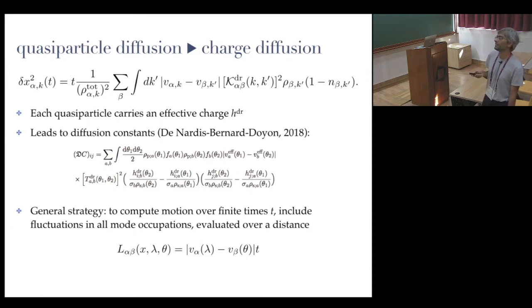But morally what's going on here is that this is what each quasiparticle position fluctuates by, and each quasiparticle is carrying, let's say, a charge or a spin that's given by its dressed charge. So it's clear that the actual fluctuation in the conserved quantity on top of its ballistic motion is going to be given by some squared effective charge times the variance of each of the individual quasiparticles.